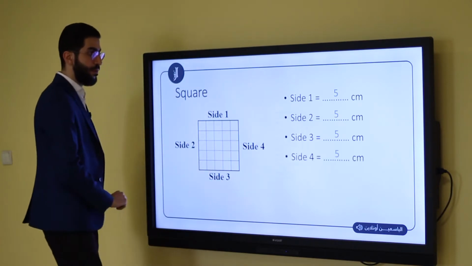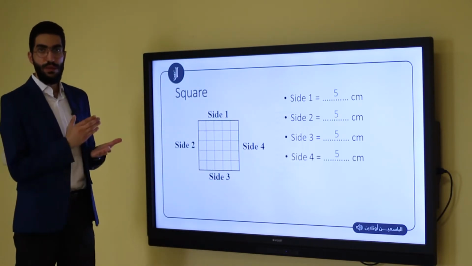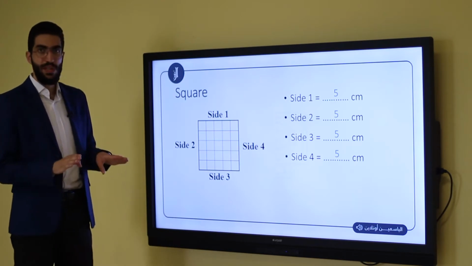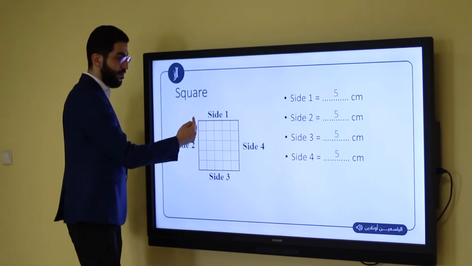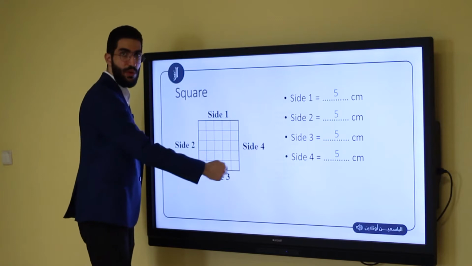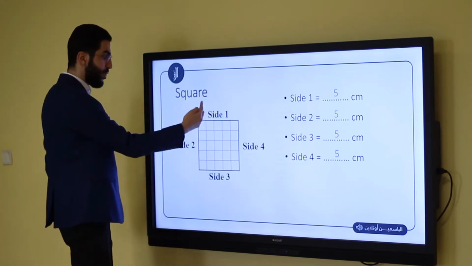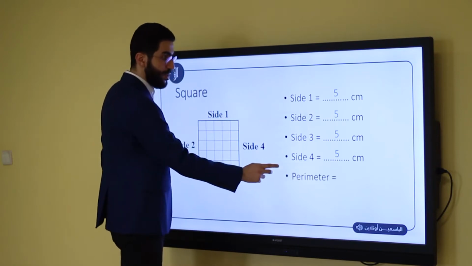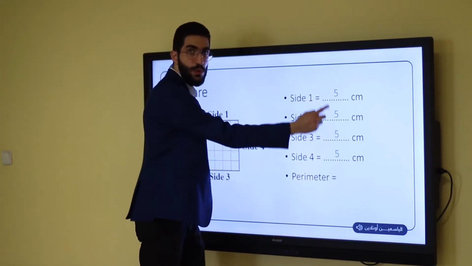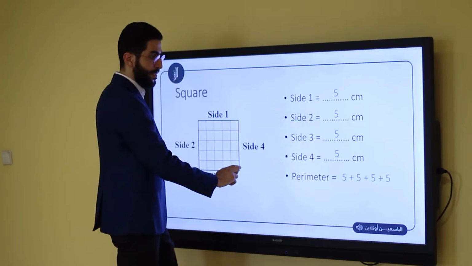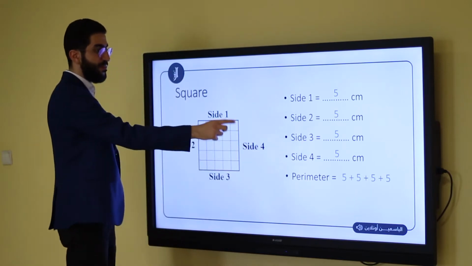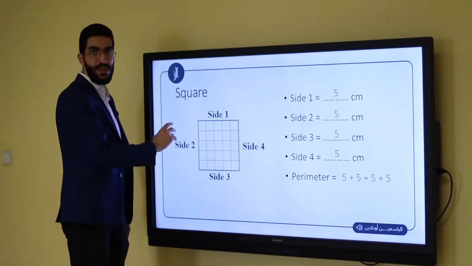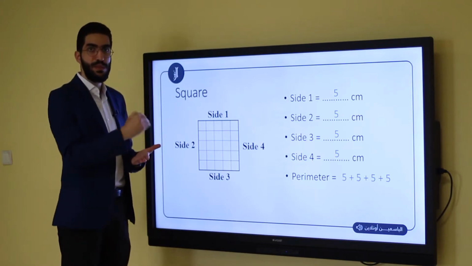Now we need to find the perimeter. Again, the perimeter of any shape is adding the sides that surround the shape. So we need to add sides 1, 2, 3, and 4. So what's my perimeter? We need to add all the sides: 5 plus 5 plus 5 plus 5. But since all the numbers are the same, we don't say plus, plus, plus.